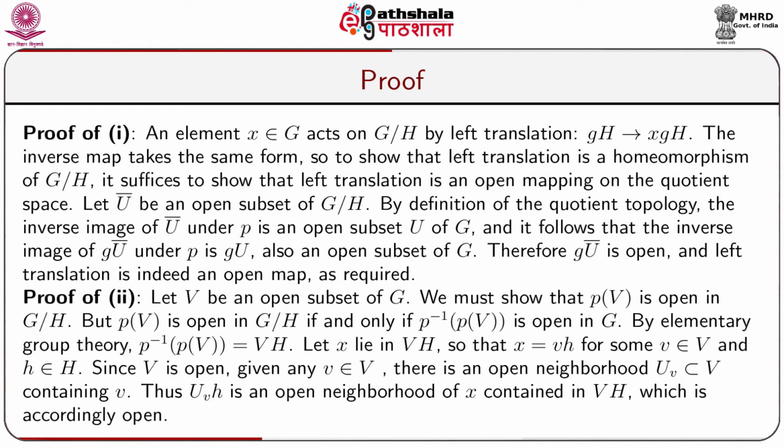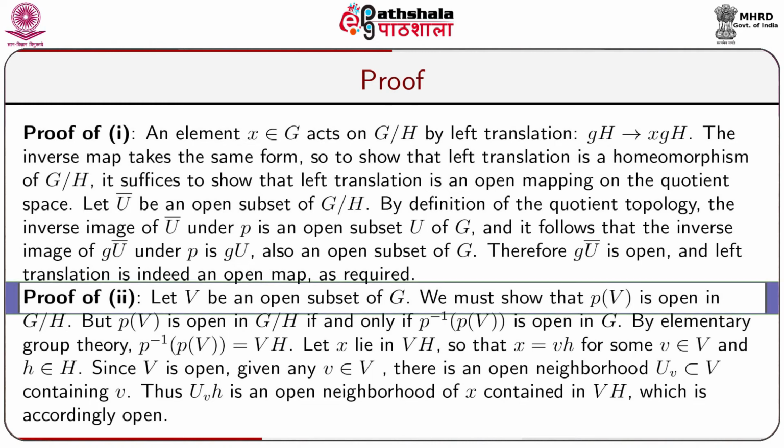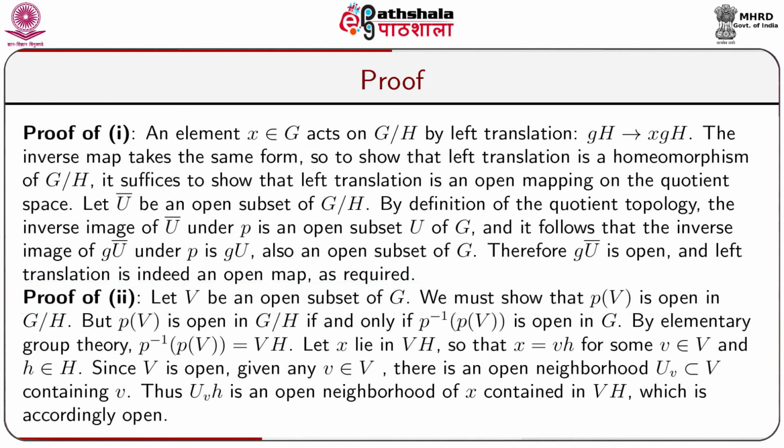Next, to prove the second condition, let capital V be an open subset of G. We must show that P of V is open in the quotient topology on G by H. But P of V is open in G by H if and only if P inverse of P of V is open in G, as G by H has the quotient topology.